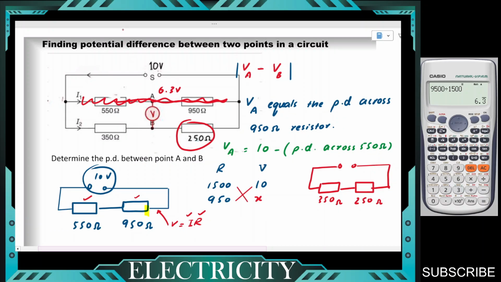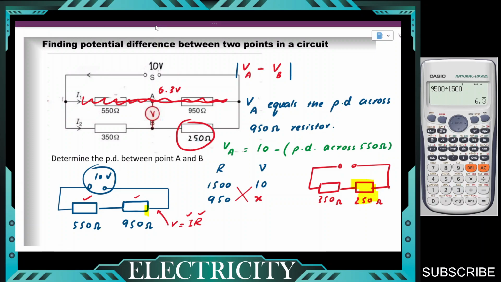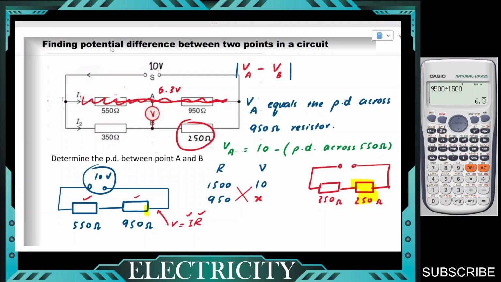So I'm going to use the same method, cross multiplication, but for the second branch, the lower one. And I need to find the potential difference across this one now. And that would equal the voltage at B or the potential at B. So you write R on one side, V on the other side.